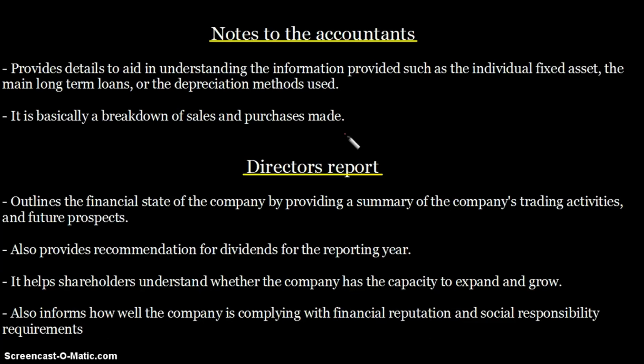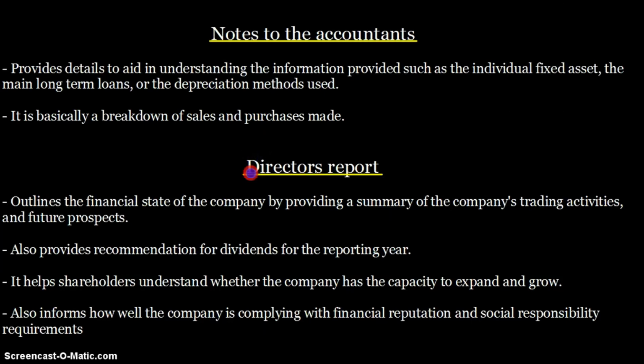But for your investors, you need to provide sufficient information so that they can use the published accounts to decide if the business is worth investing into or not. So that's where these notes to the accounts come in handy, where they provide certain information so that the investors can assess the information in the published accounts more efficiently. They tell you about the depreciation method that they use, the individual fixed assets, etc. All the information that is useful for the investors.